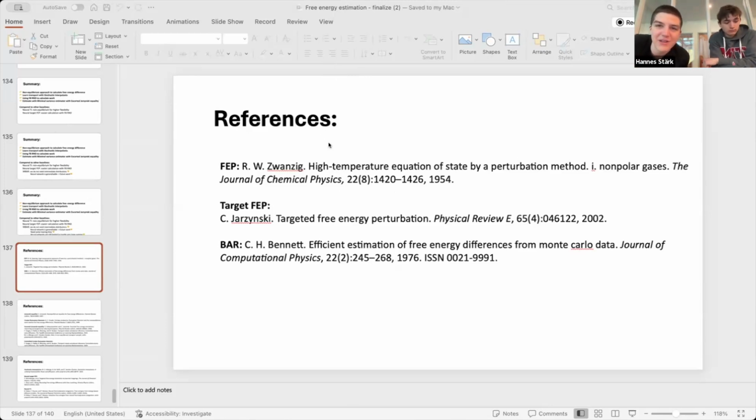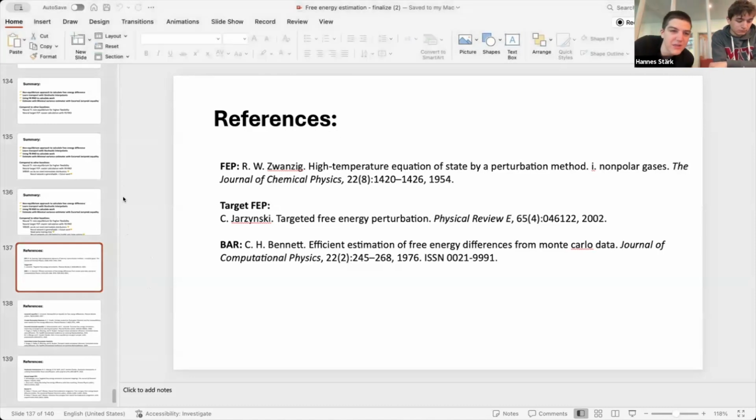You have super high variances in your estimates and can't get a reasonable free energy difference estimate. Maybe this here is much more general, works well for all systems and doesn't require much manual fiddling around. And if we can get it working well, then maybe this can be a much more plug-and-play solution than what free energy perturbation is right now.